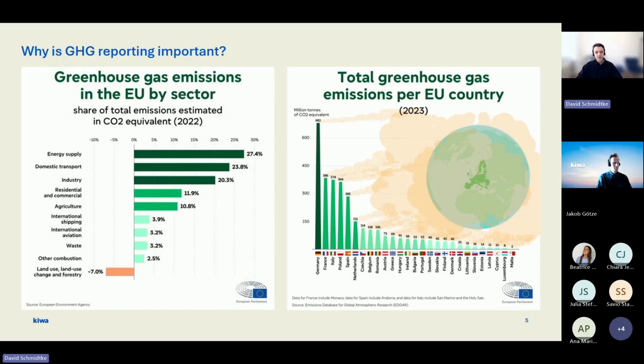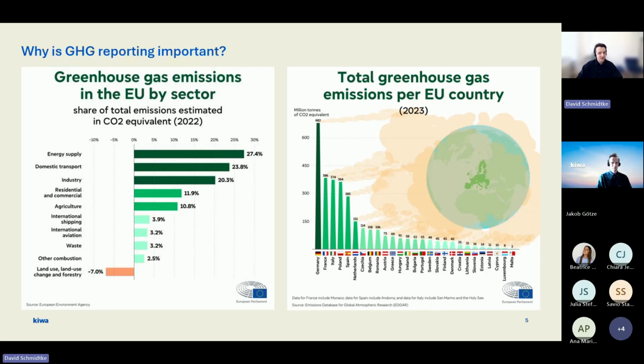And all of these actions, of course, are highly important, as you can see in these pictures, because industry in general and industry in Germany specifically is a very large contributor for the European greenhouse gas emissions, which is why we have to take action, basically.